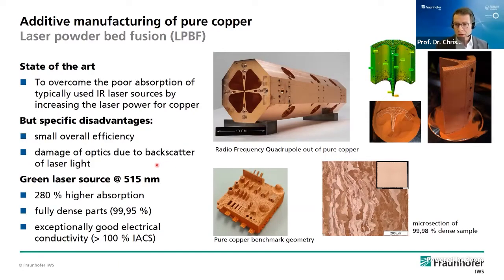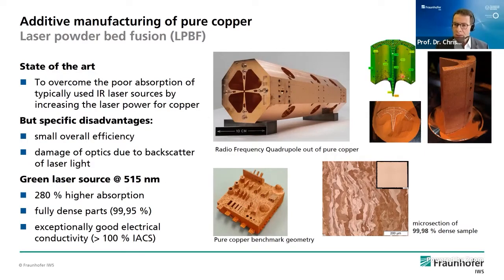So the solution is definitely a green laser source that we've used in our lab here for not only fabricating benchmark geometries where we check the process and develop the process itself, but also to fabricate the parts.